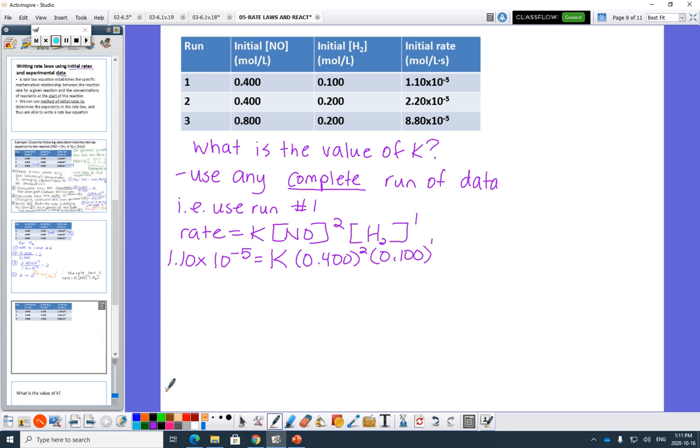It's really up to you. You do need to make sure that you do this part first before you divide.